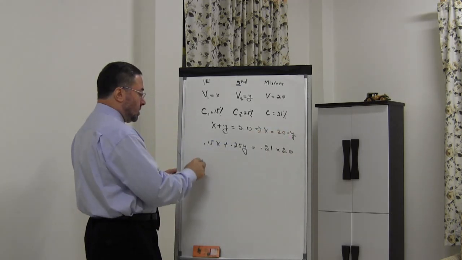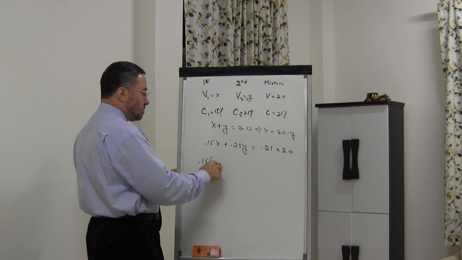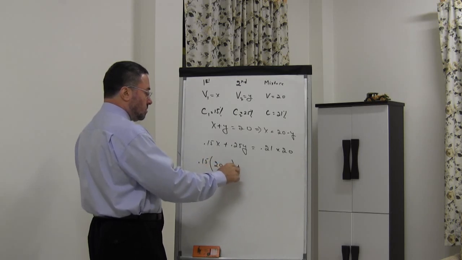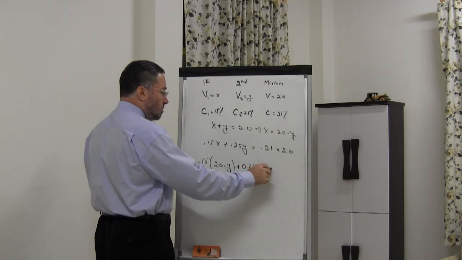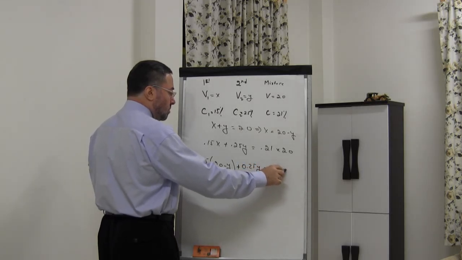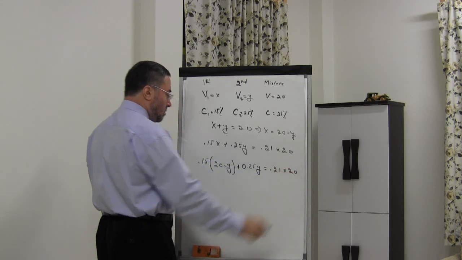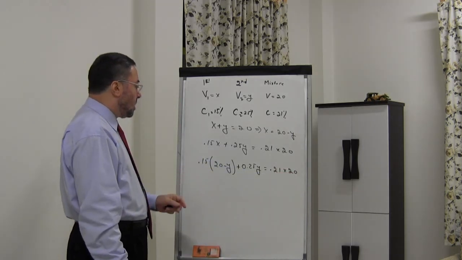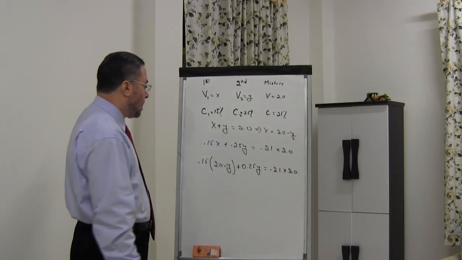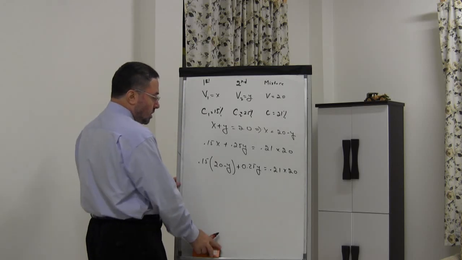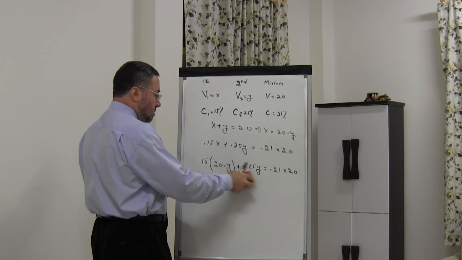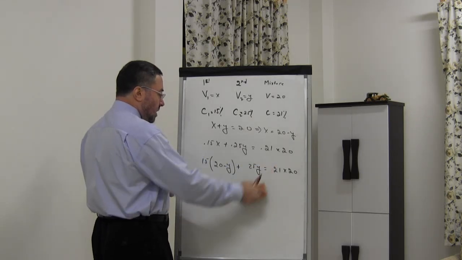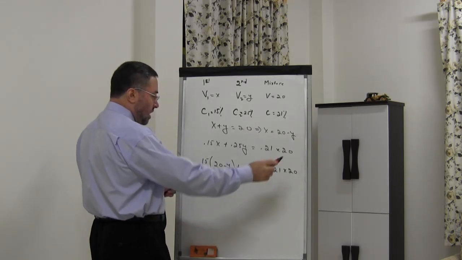We can substitute here, and we can simplify by multiplying by 100 first, so we get rid of the decimals, and then dividing by 5.